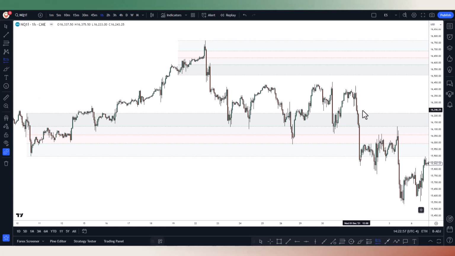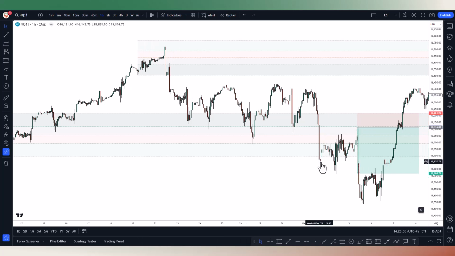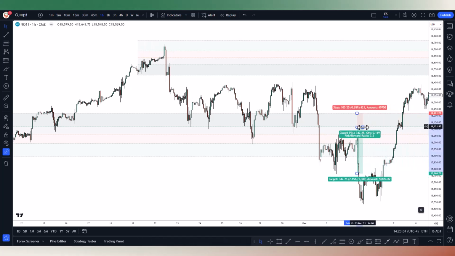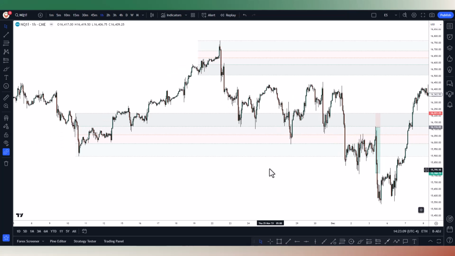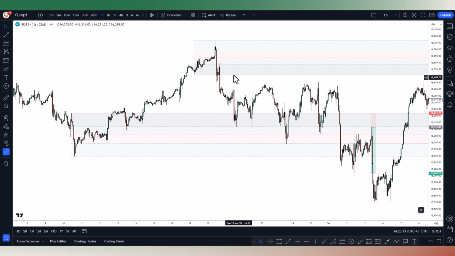So this is our first trade at the 70. We're targeting this, all right? And we're going to wait until we mitigate this zone, and then we're going to trade lower.